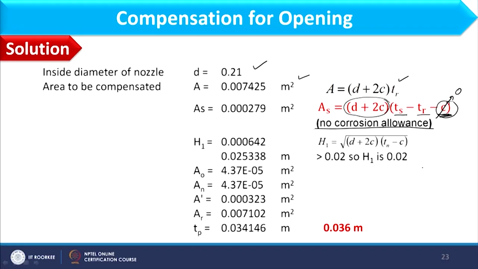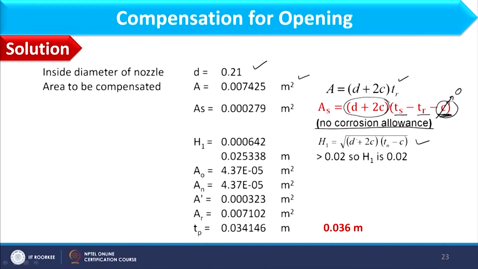And now I have to compute the value of AN, which is AO plus AI. So, if you remember, here in this case the protrusion part is not given, so we will not compute AI, we will only focus on AO, and for that purpose first I need to compute the value of H1.